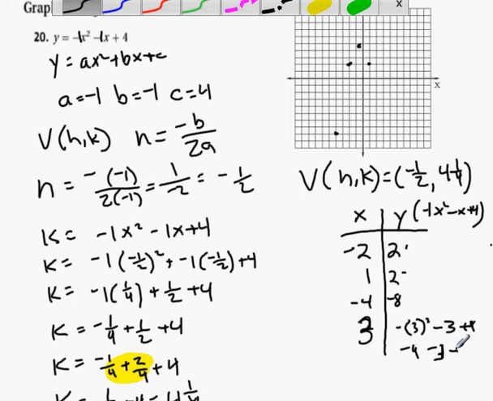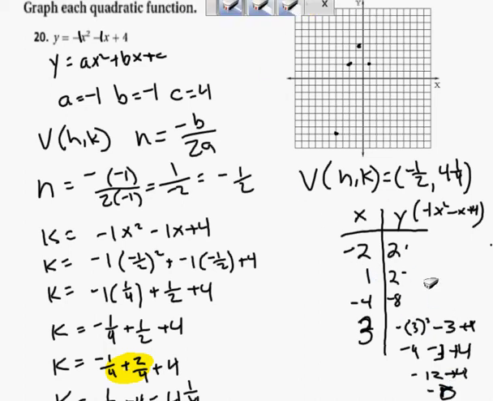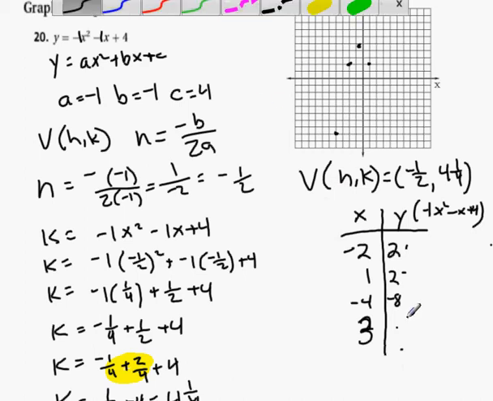It's a minus 3 plus 4. Negative 9 minus 3 is negative 12 plus 4. Gee, I wind up getting a negative 8. So when x is 3, y is negative 8.